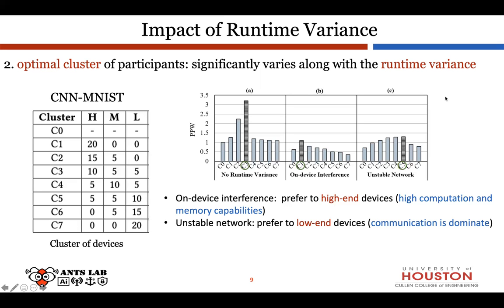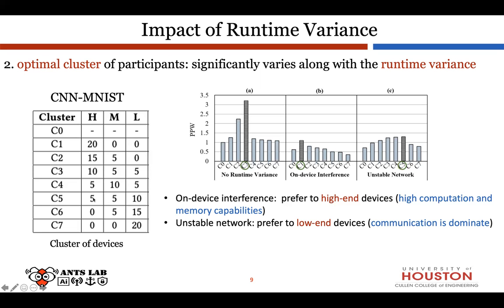But I want to say the conclusion here, on-device interference prefers high-end devices, with high computation and memory capabilities. The conclusion is something you can learn from the papers you read before, right? You can intuitively guess, right? Yes, we can know that, but actually we don't know the specific number of each type of device.